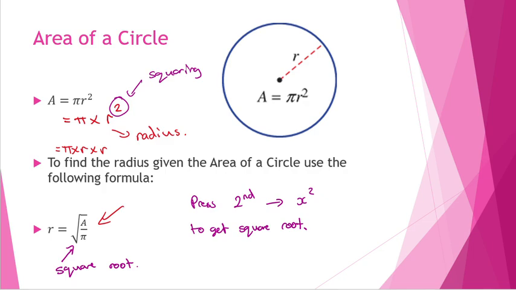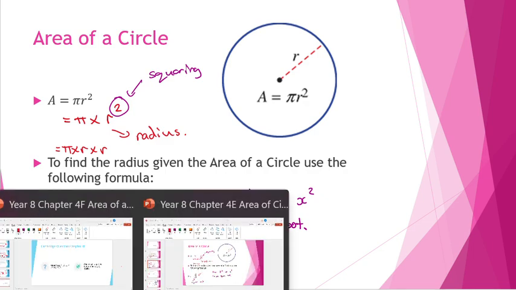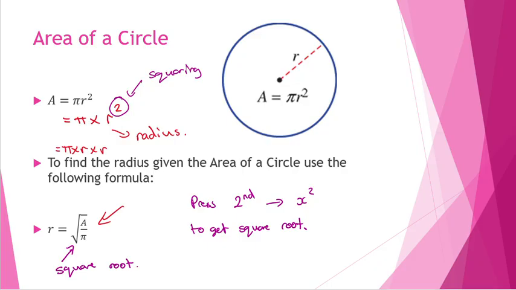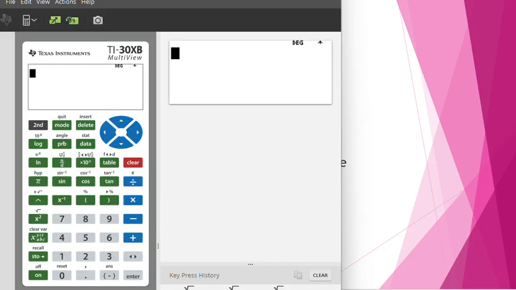Now, to do that on your calculator, what I just explained to you earlier about the square button right here, to get the square root button, you have to press second and then that exact same button. That'll give you this funny tick that you have. And if I were to just put it in fraction form, let's just say my area is 20 centimeters squared.